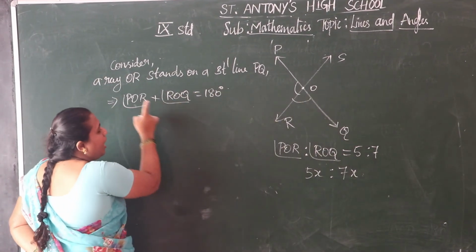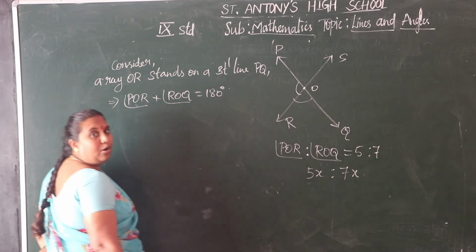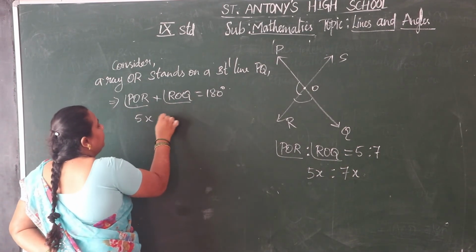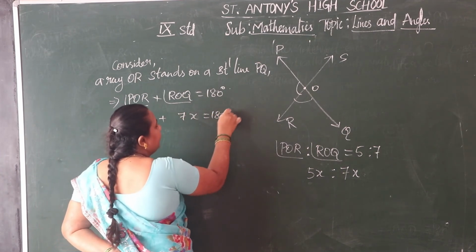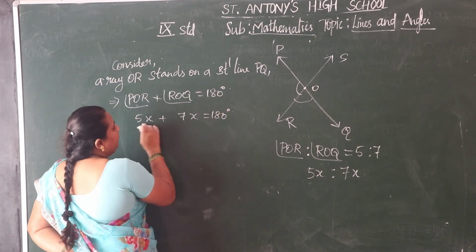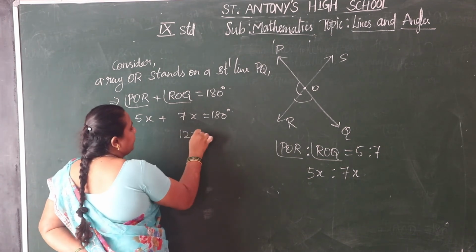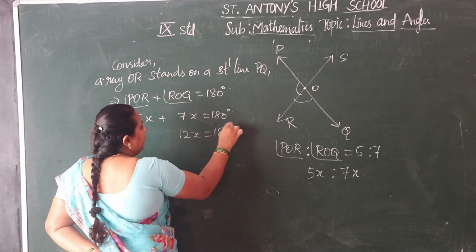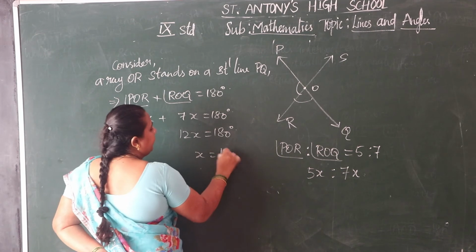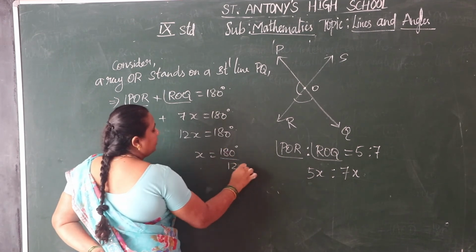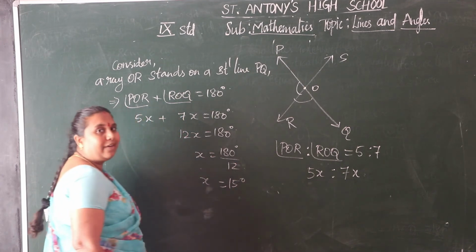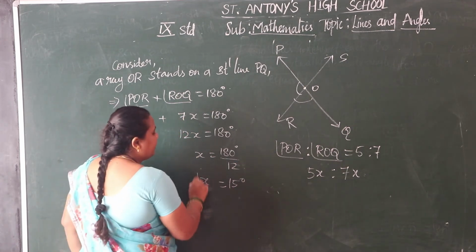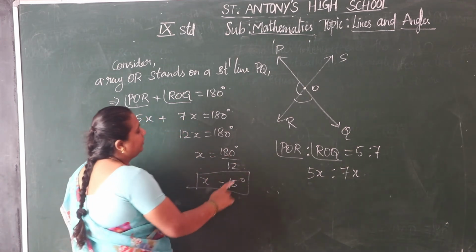So angle POR is 5x plus angle ROQ is 7x equals 180 degrees, and 5x plus 7x is 12x equals 180 degrees, and x equals 180 degrees by 12. So x equals 15 degrees.